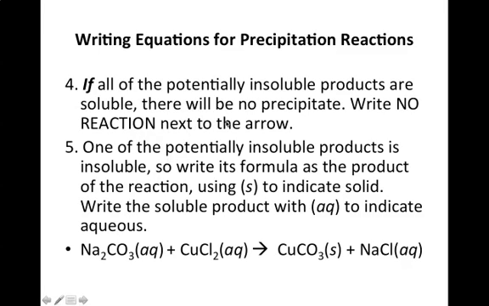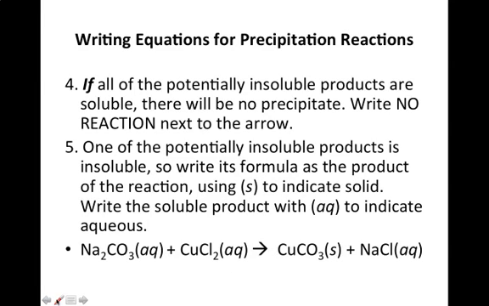If all the potentially insoluble products are soluble, there will be no precipitate. Write no reaction next to the arrow. If one of the potentially insoluble products is insoluble, write its formula as the product of the reaction, using S to indicate it's a solid.